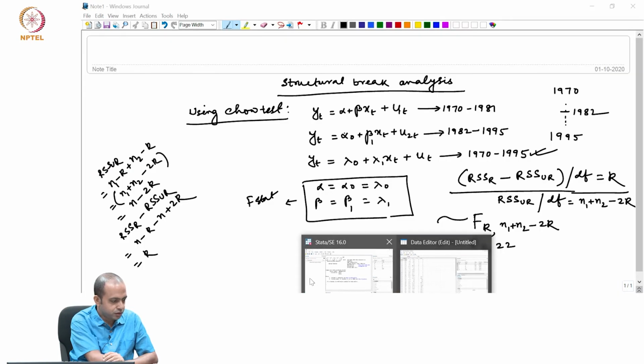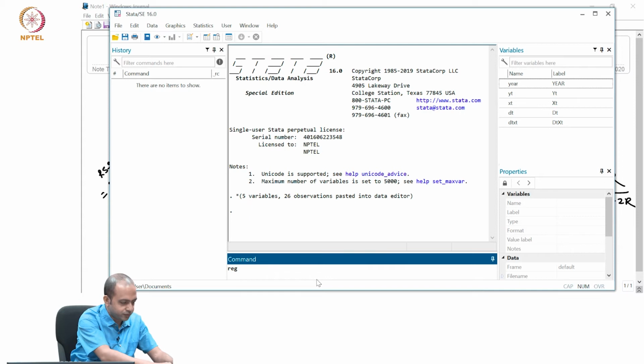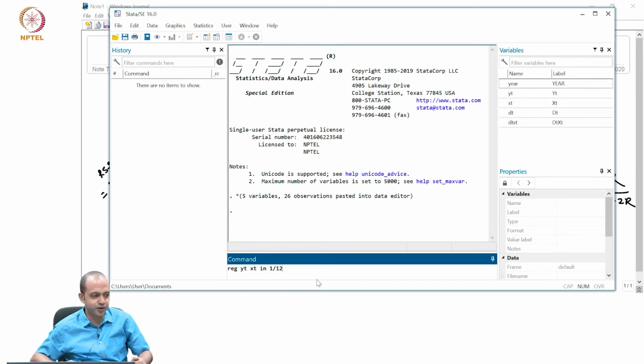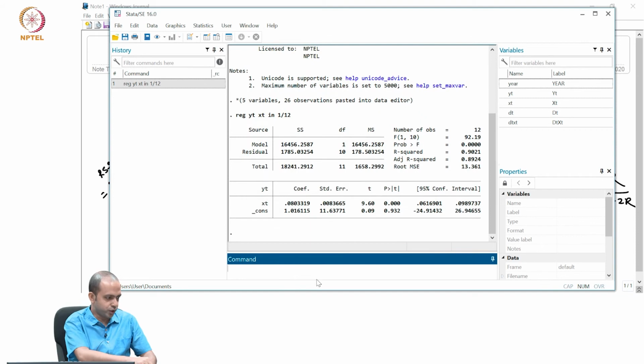Now we will estimate reg yt xt, and we will first estimate for the first 12 observations, 1970 to 1981, there are total 12 observations.